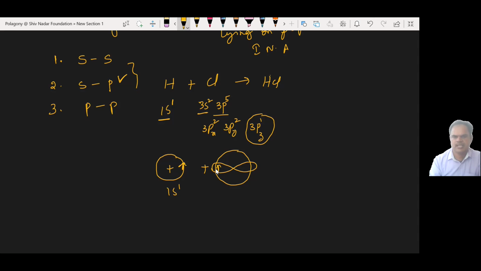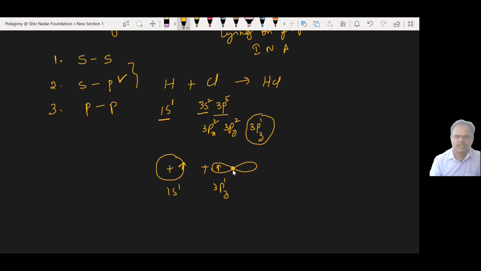This is the chlorine 3pz orbital. I am not representing the 3py, 3px or 3s orbitals, only the 3pz orbital, which is the 3p1 of chlorine.